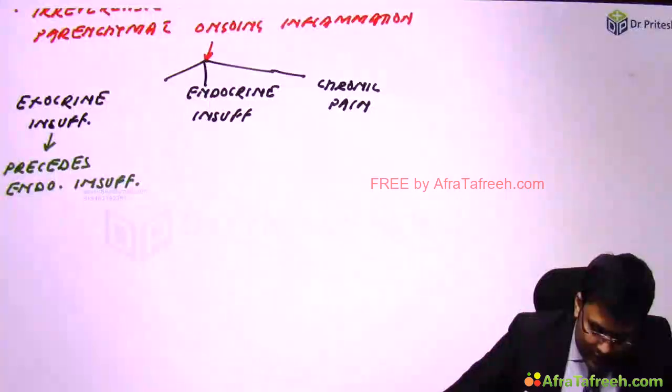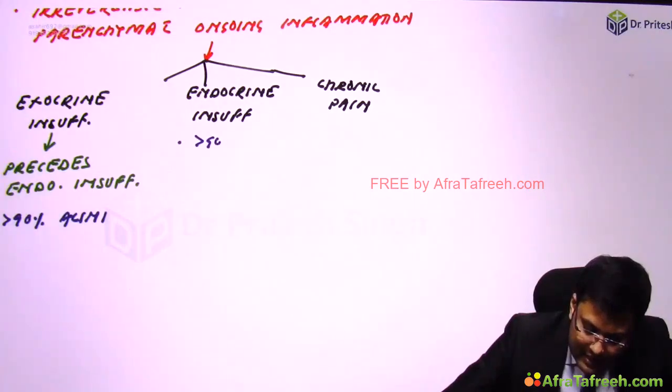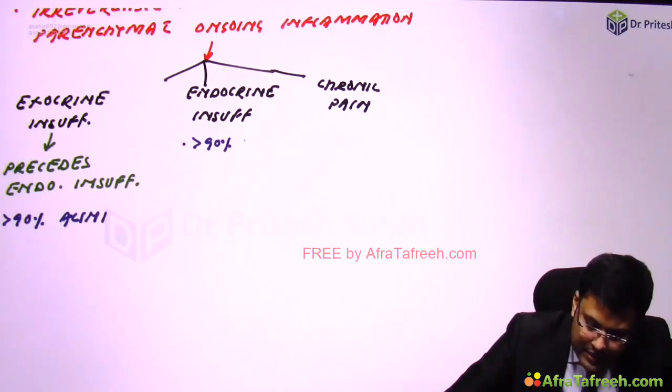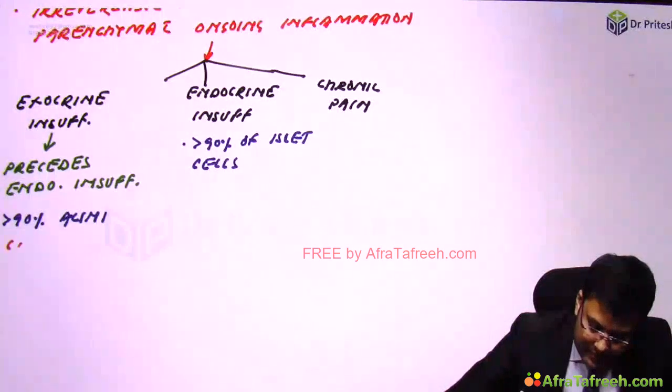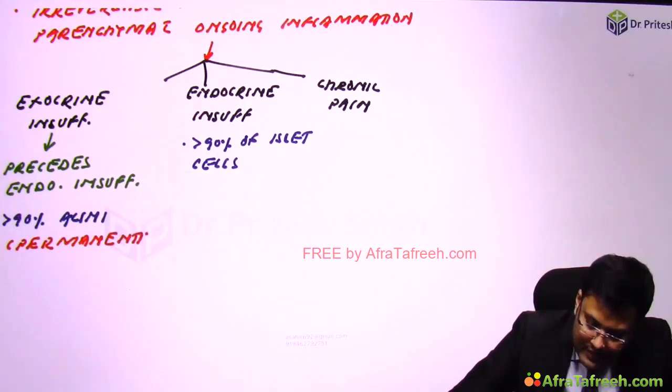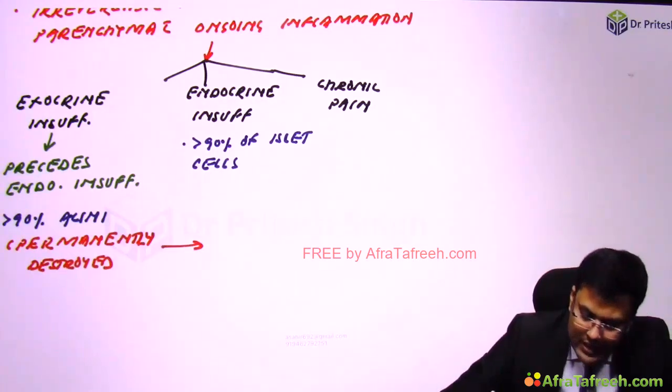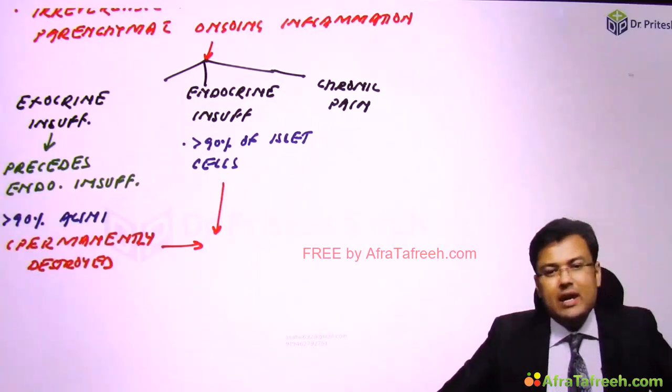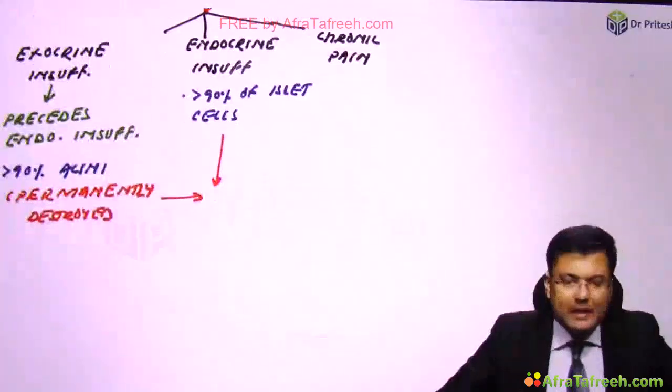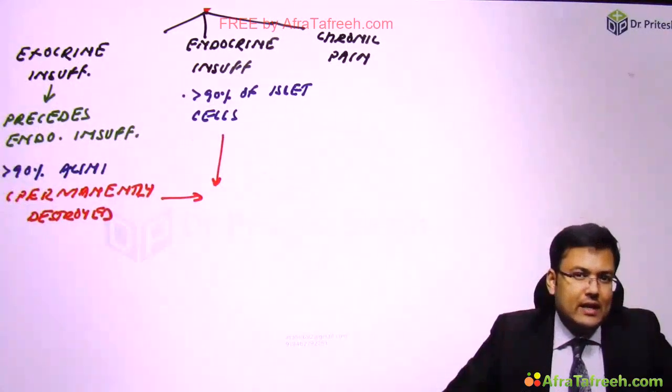So see, when more than 90% of acini and more than 90% of islet cells are permanently destroyed, then only the patient is going to develop exocrine and endocrine insufficiency.